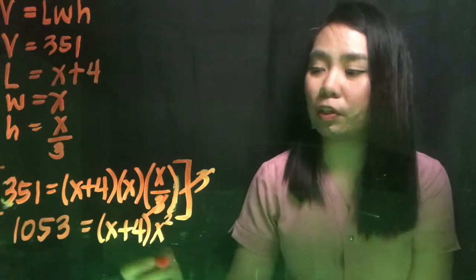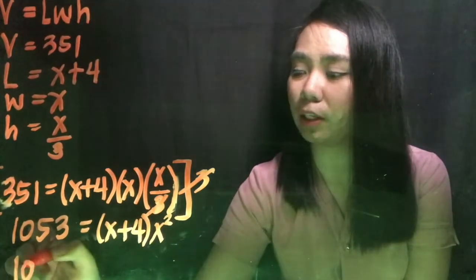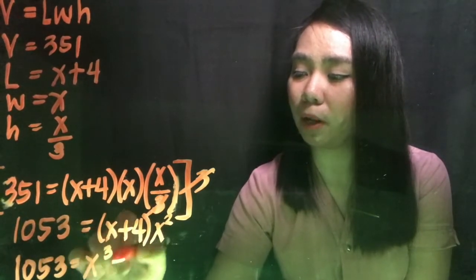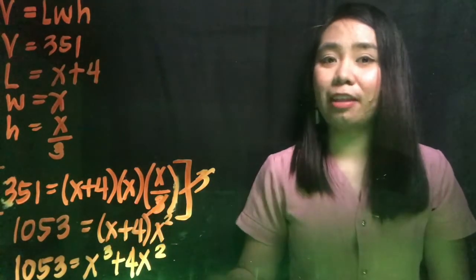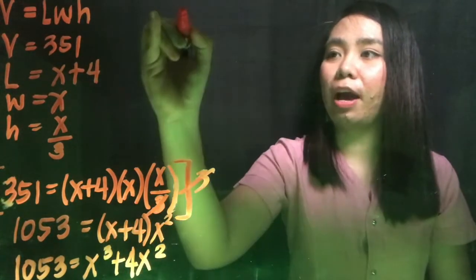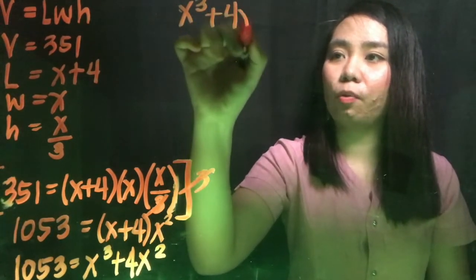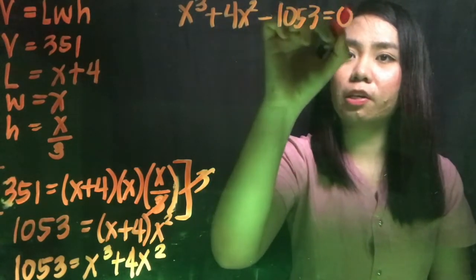Again, let's continue to simplify this by multiplying x squared to x plus 4. So you have 1053 is equal to x cubed plus 4x squared. So let's rewrite this equation properly: x cubed plus 4x squared minus 1053 equals 0.